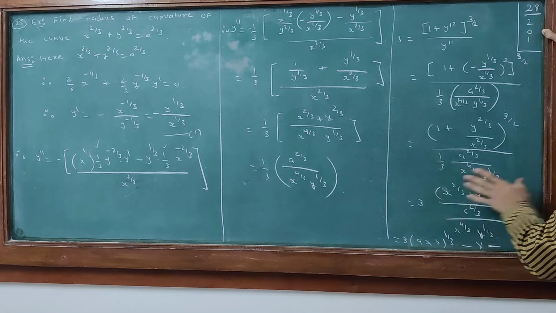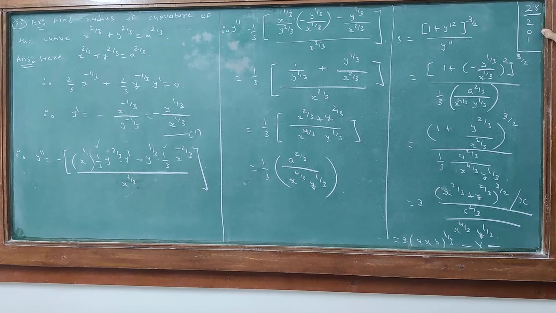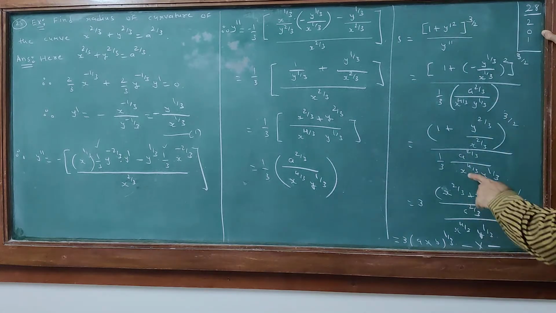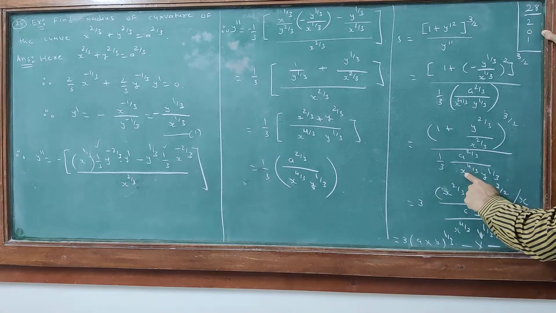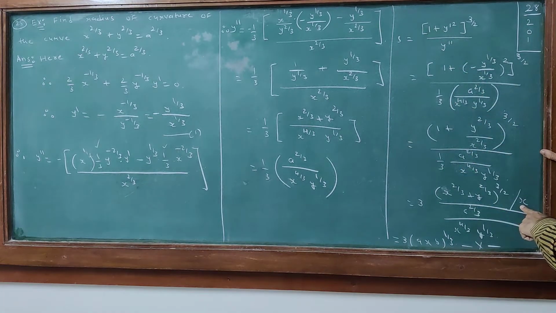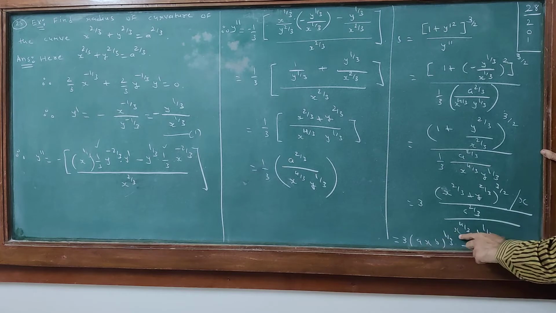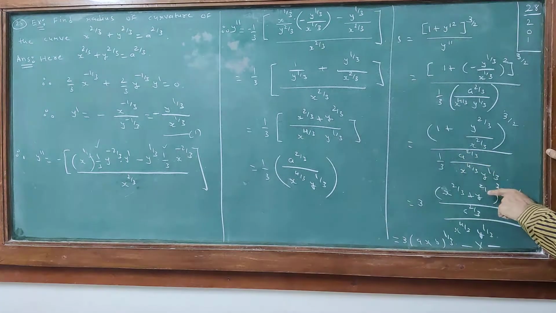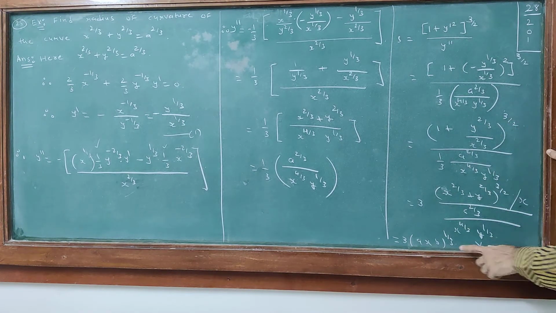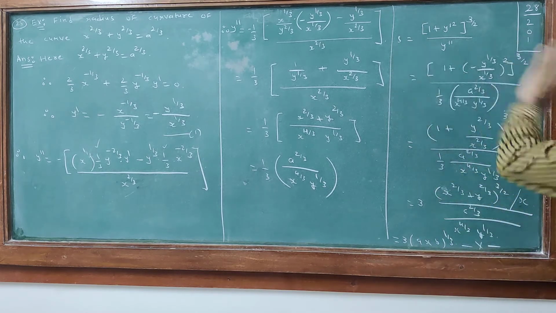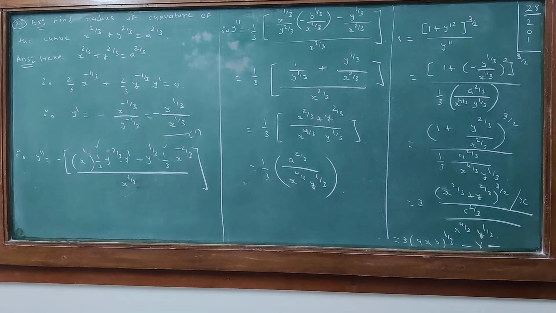In the denominator there will be x raised to 1 by 3. There is no term of y right now, but denominator to denominator y raised to 1 by 3, and therefore it will become numerator. And therefore it is a x y raised to 1 by 3, and this will be the radius of curvature for this curve.